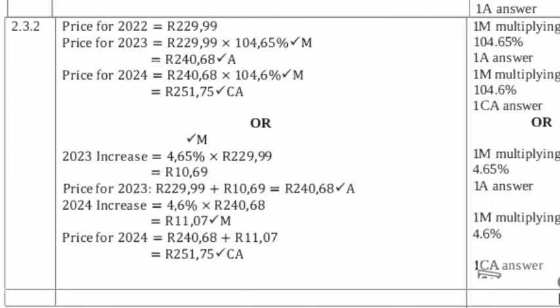Then you add the increase and say 229.99 plus 10 rand 69 equals 240.68. Then you have found the price for 2023. Then you do the same thing for 2024 and say 4.6% multiplied by 240.68. Then you find 11.07, that's the increase. Then you add the increase and say 240.68 plus 11.07, which equals 251.75.